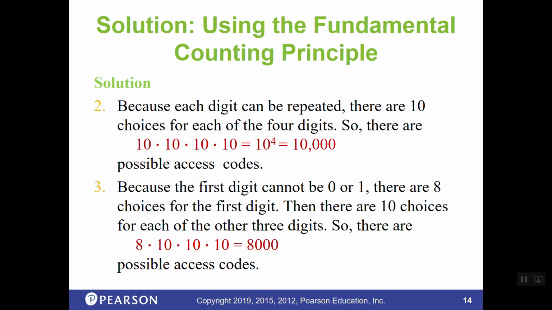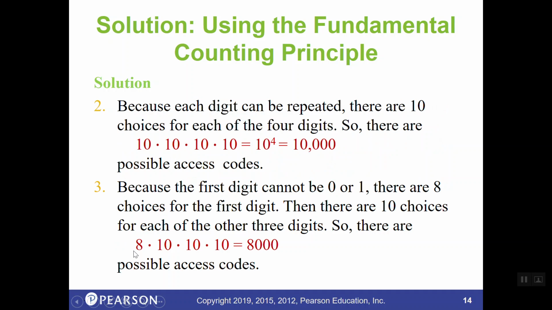Third case. Because the first digit cannot be a 0 or a 1, if you remove a 0 and 1, you can only choose from a 2, 3, 4, 5, 6, 7, 8, or 9. So that gives you 8 to choose from. That is why you start with an 8 here.